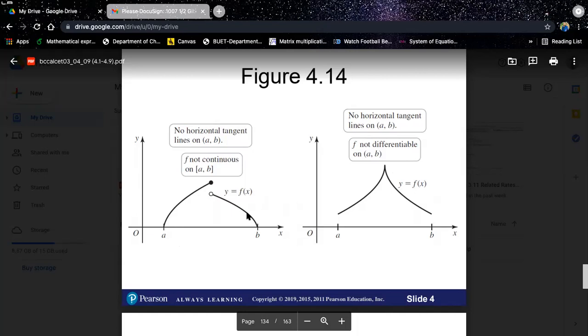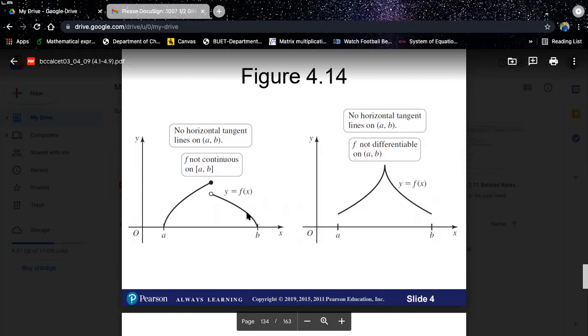So there is no question of differentiability, because we know if it's not continuous, it can't be differentiable there. We know that if the function is continuous on an interval, then we need more criteria to check whether it's differentiable or not. But if it's not continuous, then we don't need to say anything. It's never going to be differentiable everywhere on that interval, right?